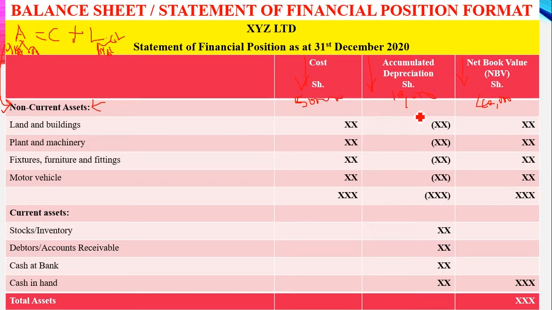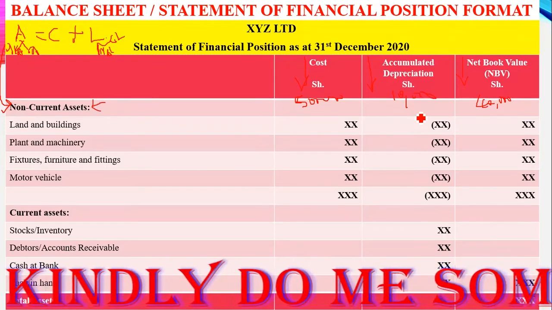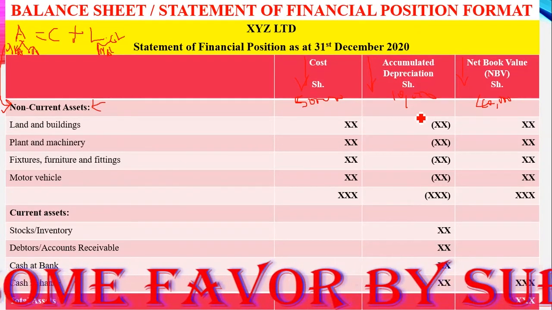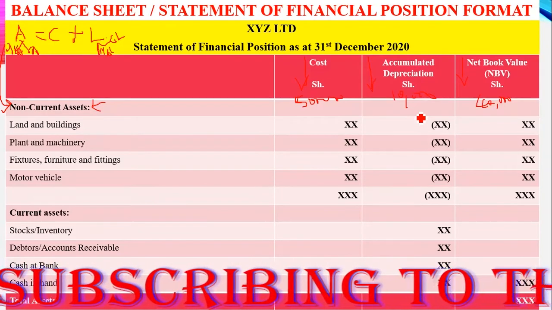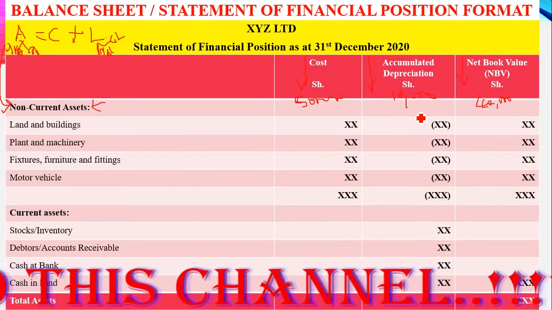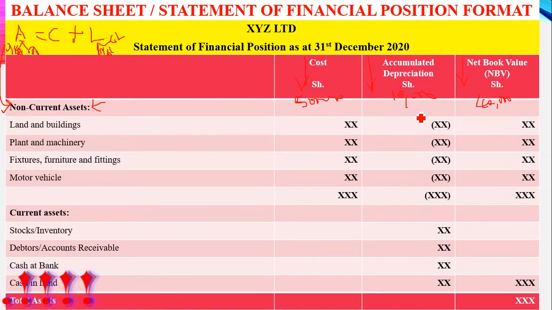Then the accumulated depreciation will include the depreciation for that particular item, plus any provision for depreciation. A provision for depreciation is when you suspect, or based on previous experience you know, that this particular asset depreciates at this particular rate, so you can provide for that figure in advance, so that when you're calculating your profit, you don't include it in your items. So you provide for it.